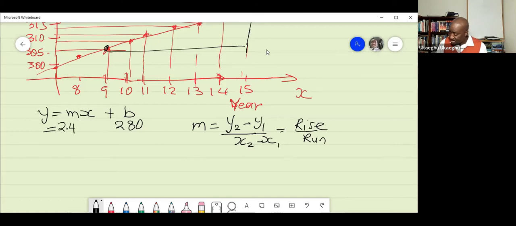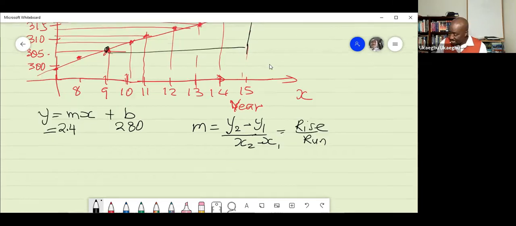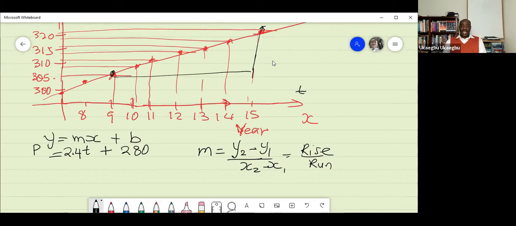All right. And then, of course, the x-axis is the year. You can either call it year or you call it time. It doesn't really matter. And then this is the population. Now we have successfully modeled. Of course, these coordinates are something like 9, 3, whatever that this point is.